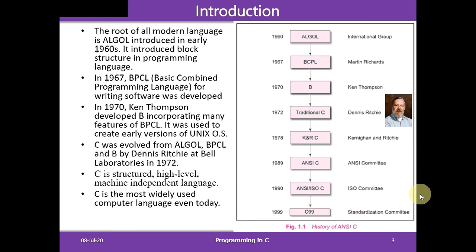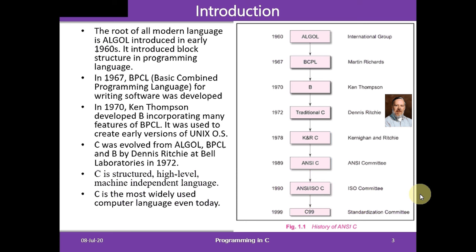In 1970, Ken Thompson developed B, which is another language incorporating many features of BCPL. It was mainly used to write the early versions of the Unix operating system. And C evolved from ALGOL, BCPL, and B as well. It was developed by Dennis Ritchie at Bell Laboratories in 1972.